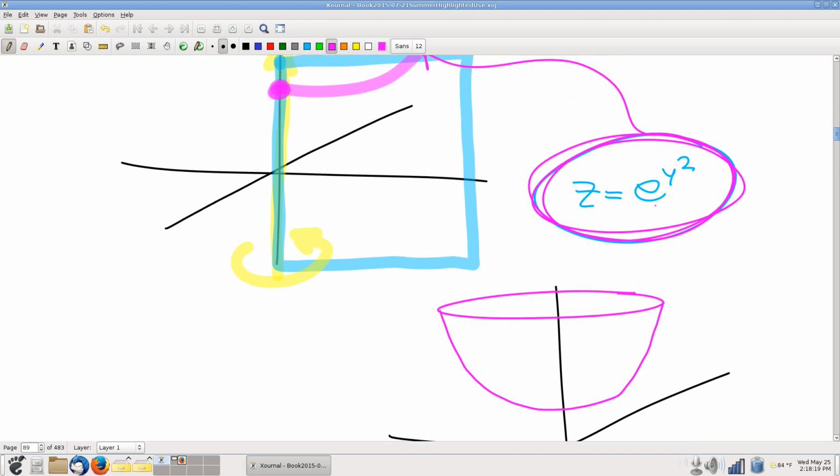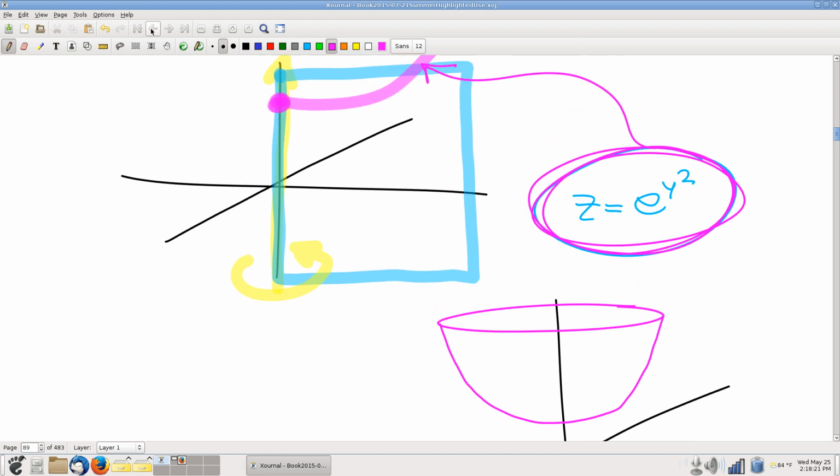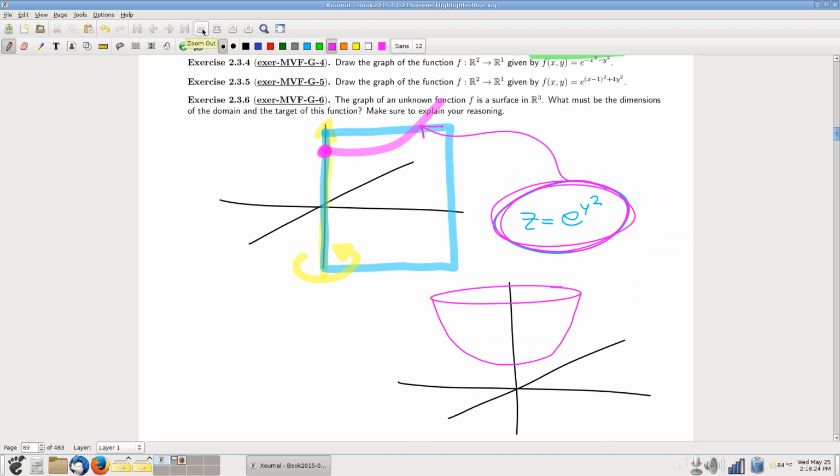Now, is this artistically frameable? No. But you can see on the page what the curve is.